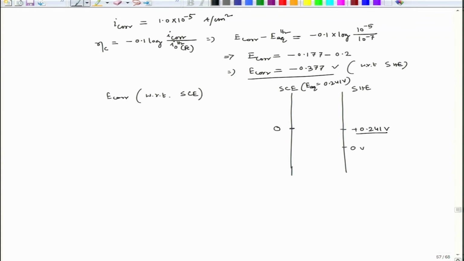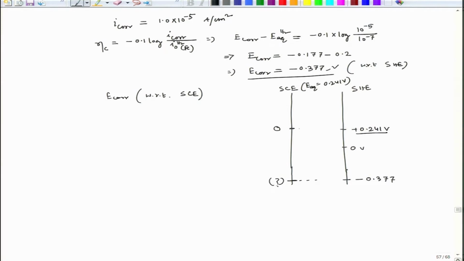Now, this potential is with reference to standard hydrogen electrode. So, with the standard hydrogen electrode, this is minus 0.377 volt. So, corresponding data, this is the potential we have to measure.